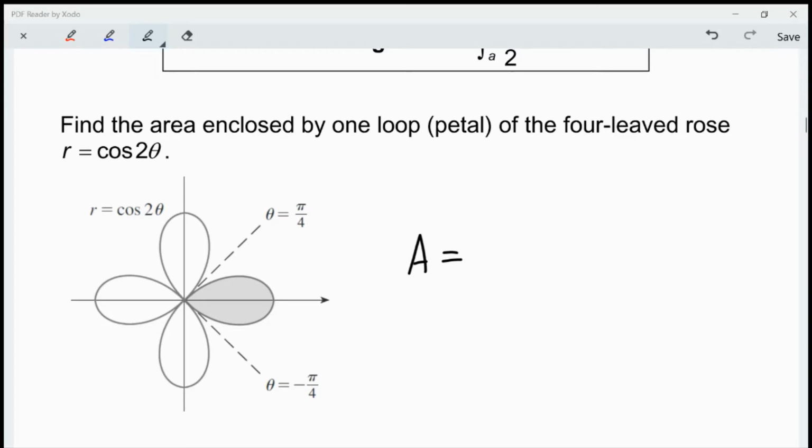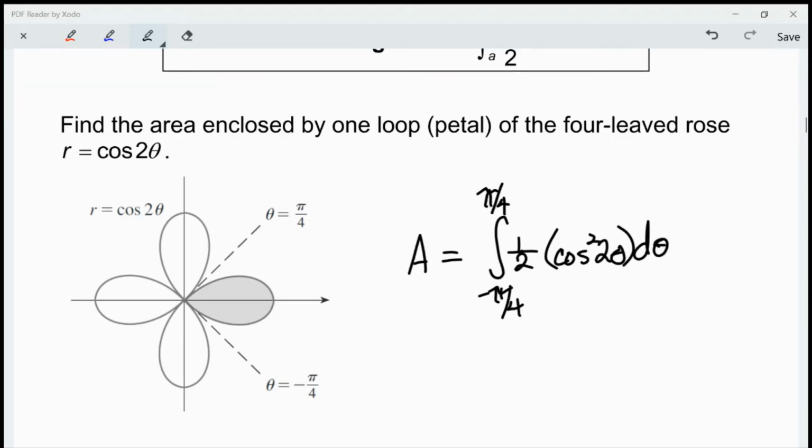So I'm going to do the integral from negative pi over 4 to pi over 4 of 1/2 r squared d theta. My r in this case is cosine 2 theta, and then d theta, and I'm just going to plug that into the calculator and get my solution. It turns out for this one that it's exactly pi over 8, and that's pretty simple to do.